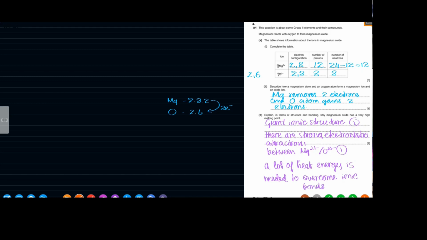So that's also 1 mark. So any of these points can score, right? Even if you have written in a very short form, a lot of heat energy for strong ionic bonds needed, right? But just ionic bonds doesn't score both marks. You must say either it's a giant ionic structure or there are strong electrostatic attractions between the ions. Right. So let me give you the screenshot.